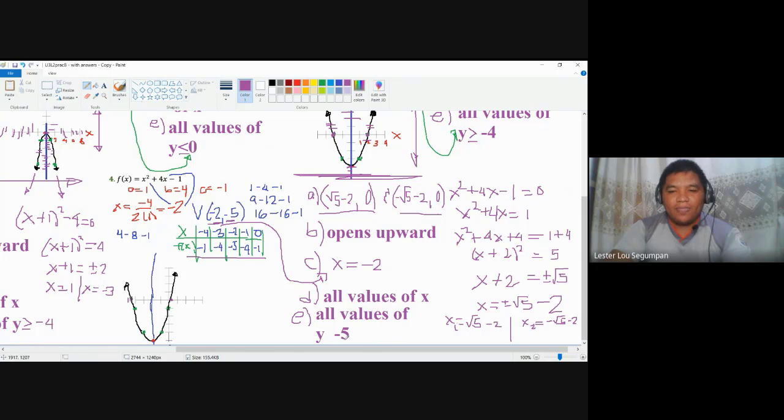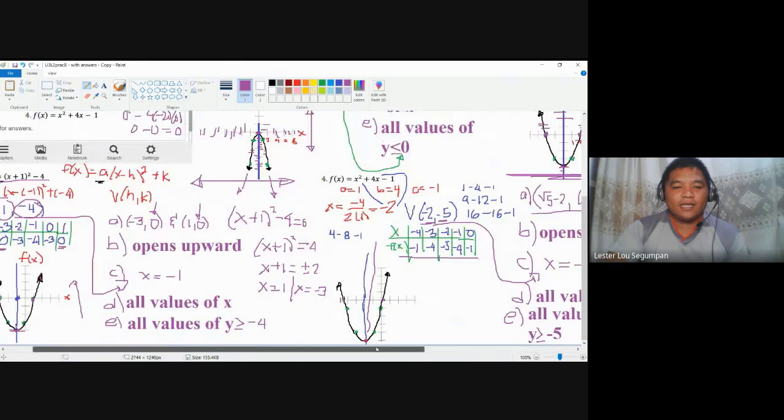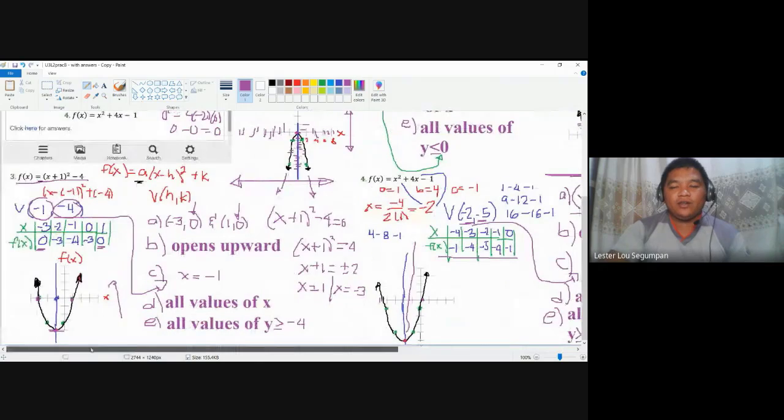vertex, negative 5. But which symbol? It should be all values greater than. So we have greater than or equal because it includes -5 here as a point. That's your range. So again, these are the important items, concepts, analysis that you could come up with after you have graphed a given function.